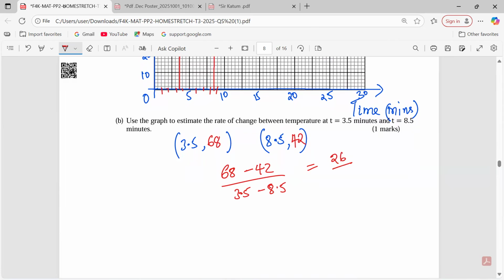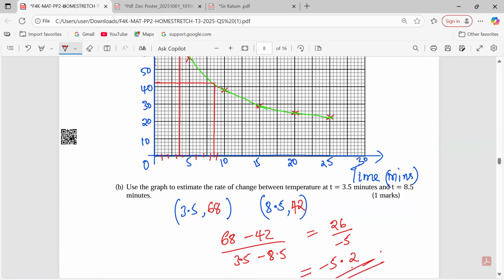Now 3.5 minus 8.5, I'm getting -5. So the rate of change is going to be -5.2. This is the rate of change within the time limits which have been provided.